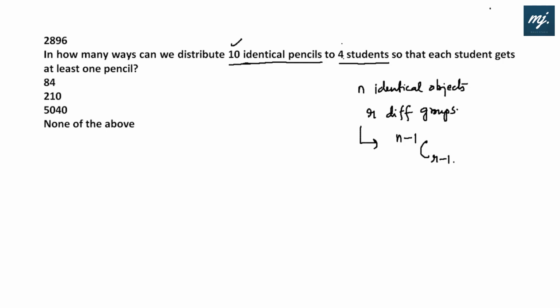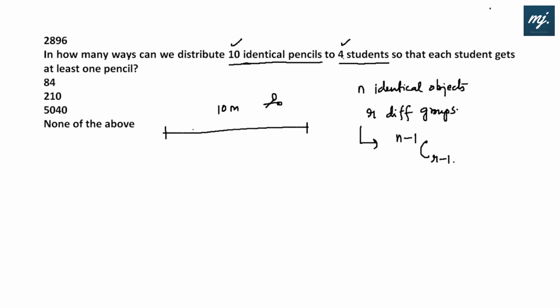So I'll take this example itself. First of all, suppose we have a 10-meter cloth and I need to give this cloth to 4 people, and I have a scissor.